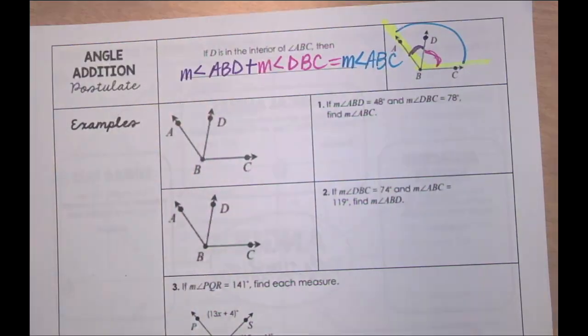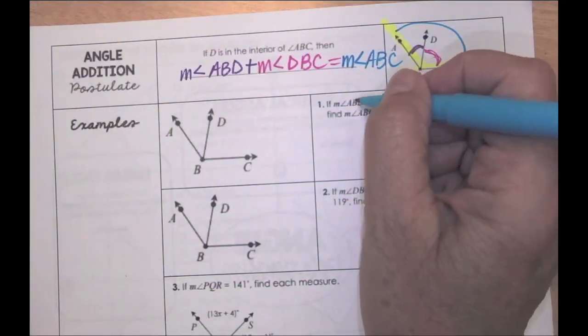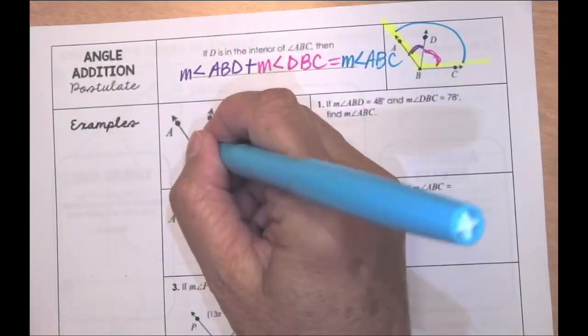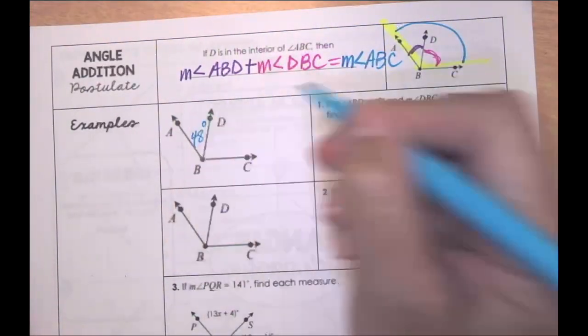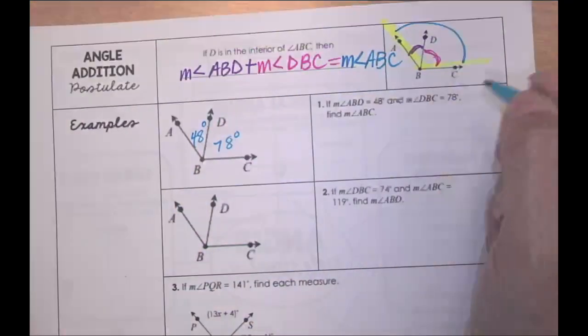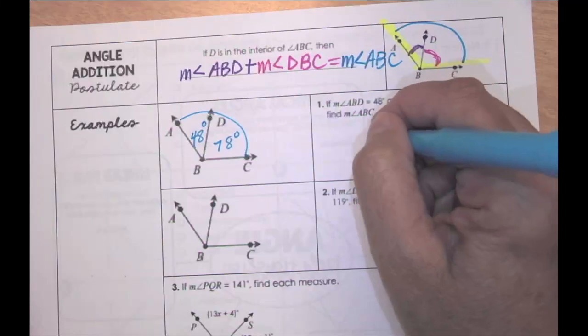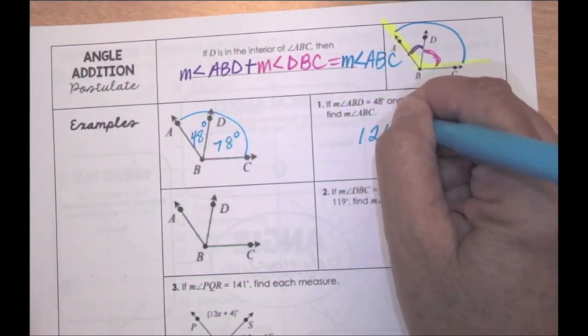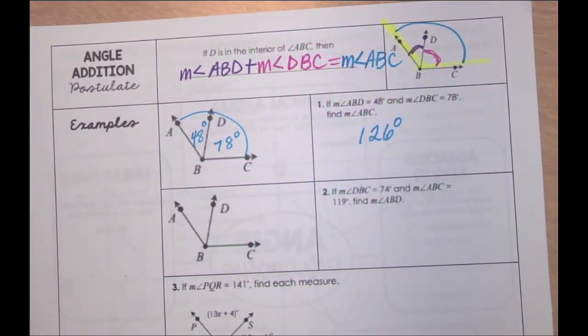Once again, just like our segment addition, this makes sense. It's part plus part equals whole. So on this one, if ABD is 48 degrees and DBC is 78 degrees, what is ABC? Well, just add them together, 126 degrees.